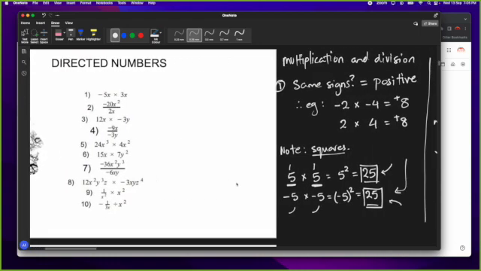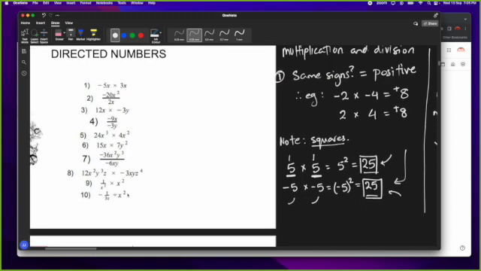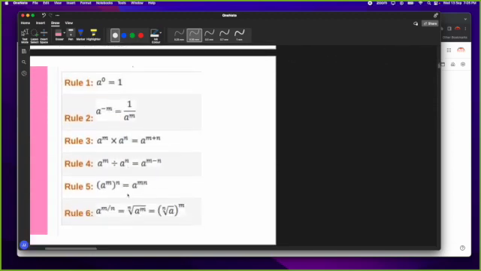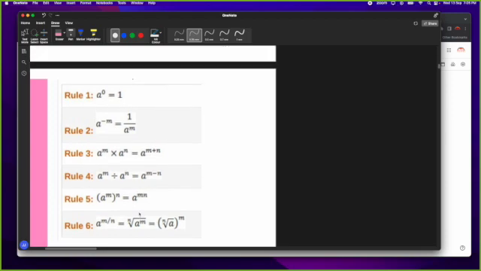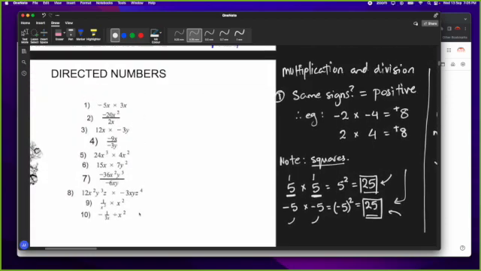Now, to talk about multiplication and division, we're going to have to get into the laws of indices. And you'll see here that we have laws of indices. This is all of them that you need to know, and we will get into them now.